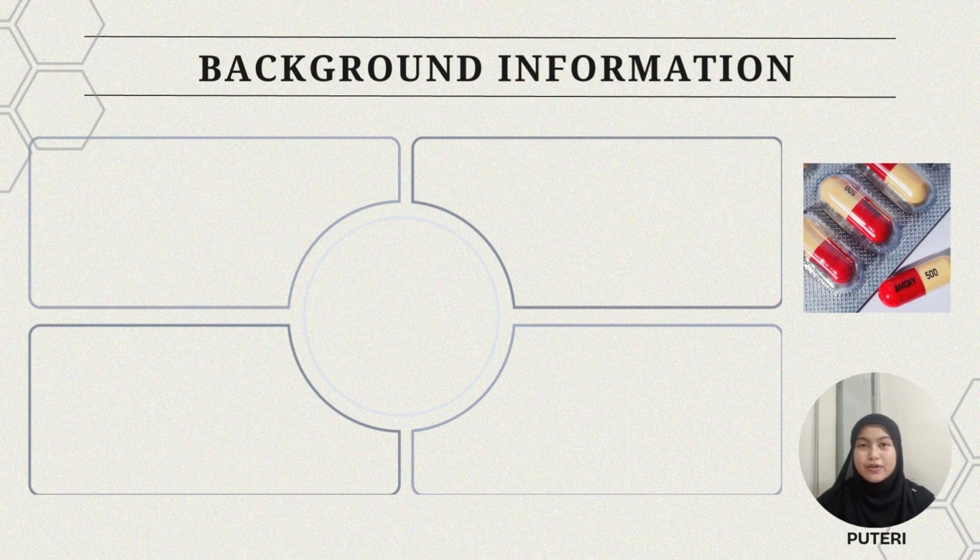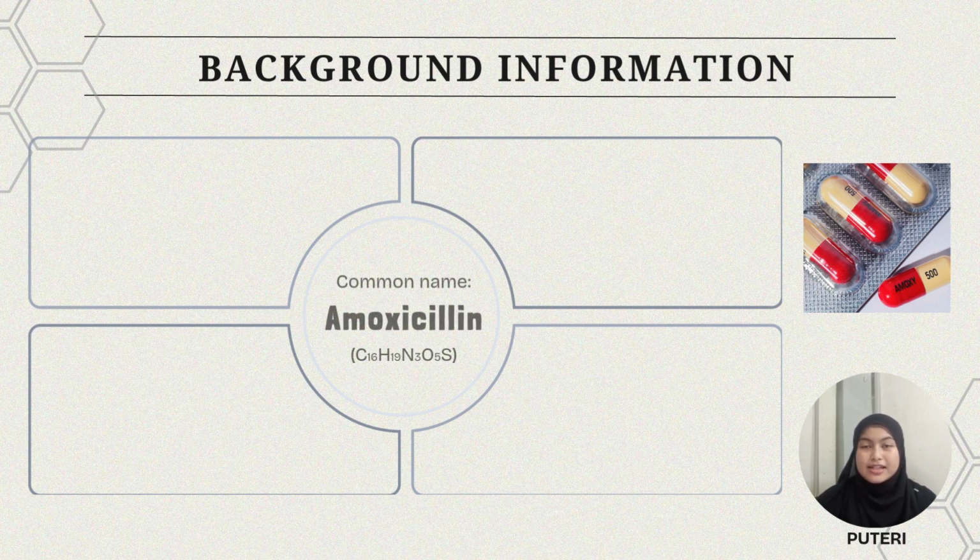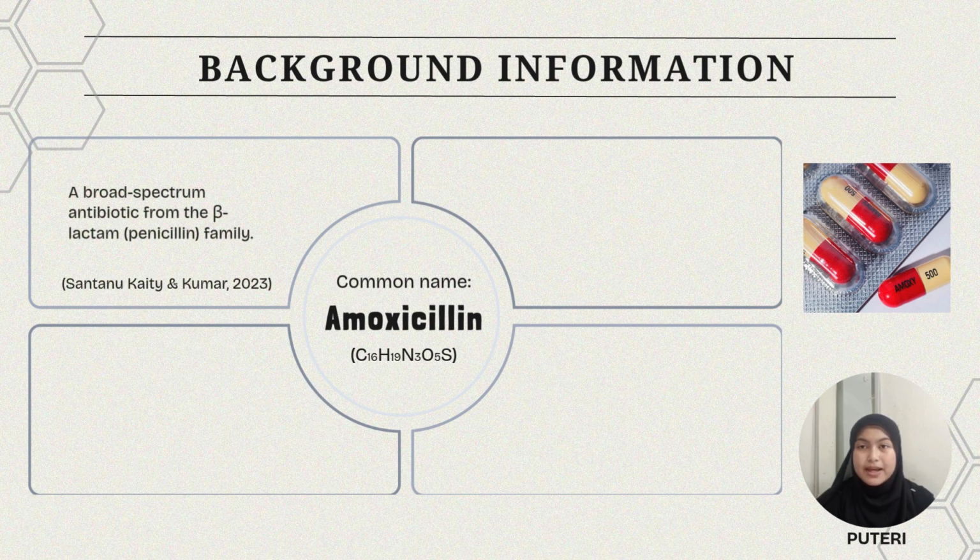To begin, let's look at some background information about amoxicillin. Its common name is amoxicillin and the molecular formula is C16H19N3O5S. Amoxicillin is a broad-spectrum antibiotic that belongs to the beta-lactam family, which is a subgroup of penicillin antibiotics.